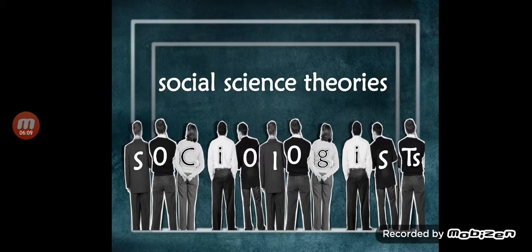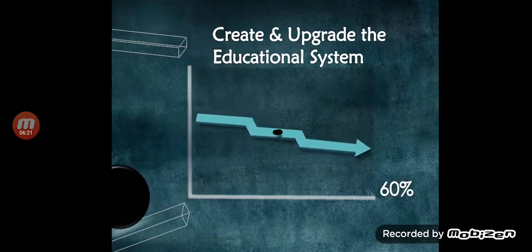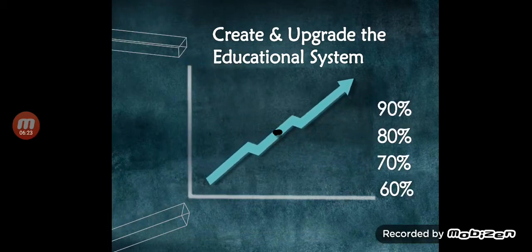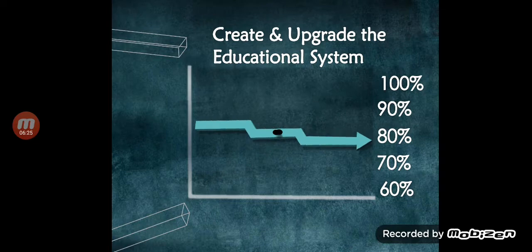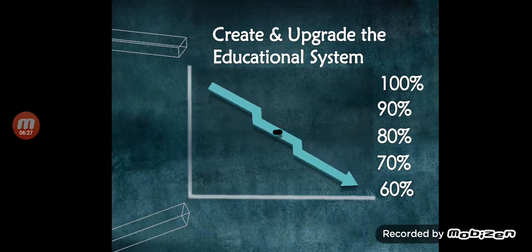These theories will also help the sociologists understand the true meaning of educational system in order for us to improve and upgrade the educational system too. Okay, to understand fully these different concepts of social science theories, let us discuss them one by one.